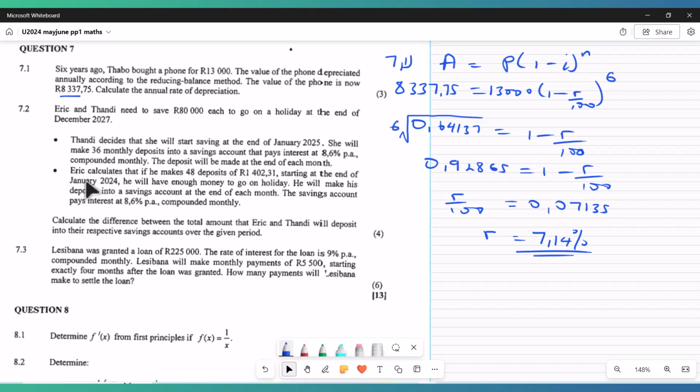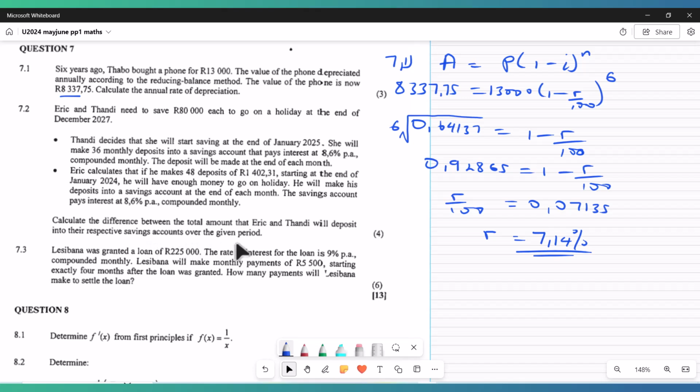And then Eric calculates that if he makes 48 deposits of this money starting at the end of January 2024, then he will have enough money to go to the holiday. He will make his deposit into a savings account at the end of each month. The savings account pays interest of 8.6% per annum compounded monthly. So they say, calculate the difference between the total amount that Eric and Tandy will deposit into their respective savings accounts over the given period.